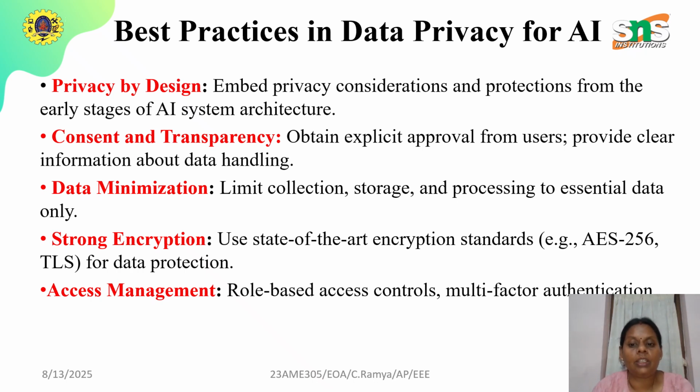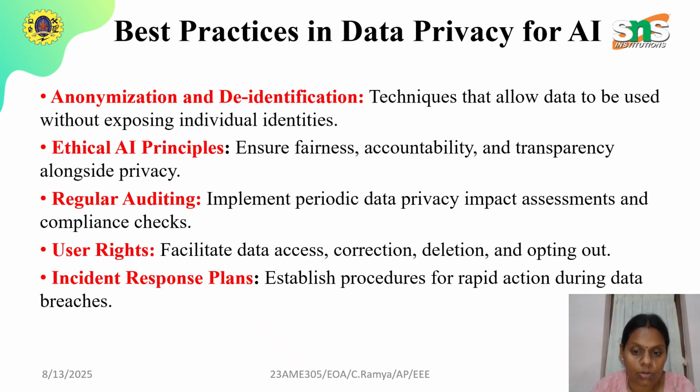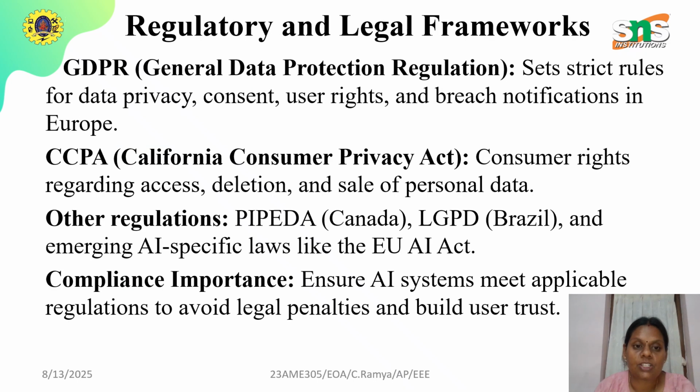And we follow the ethical AI principles of fairness and accountability. Next, routine audits and privacy impact assessments should be there, enabling the user's right to access, correct, or delete their data. And we should have response plans to act swiftly in case of any breaches.